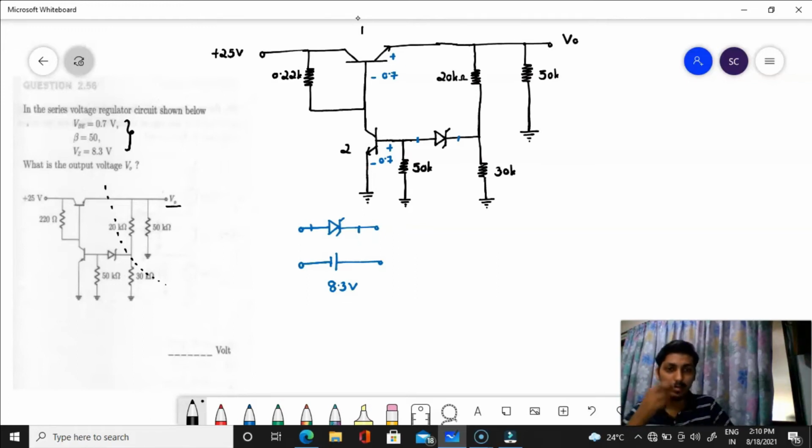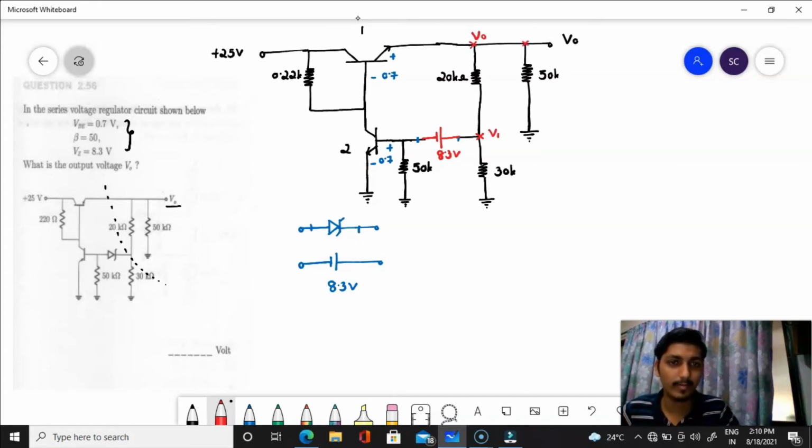We have to find the V0 voltage, that is, the output voltage, and the Zener is in breakdown region. I will replace this with a battery of 8.3 volt. So this is 8.3 volt. You can mark the terminal as V1, and this is your V0.